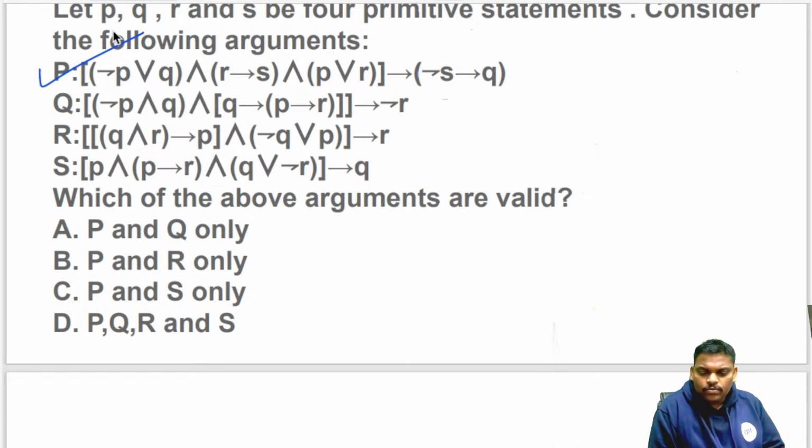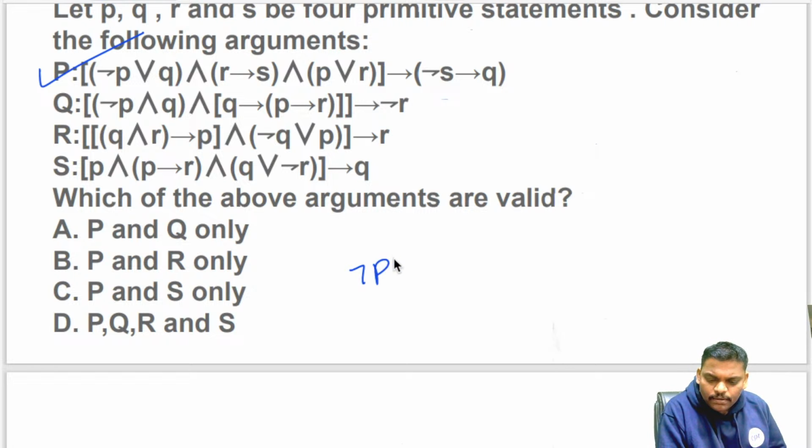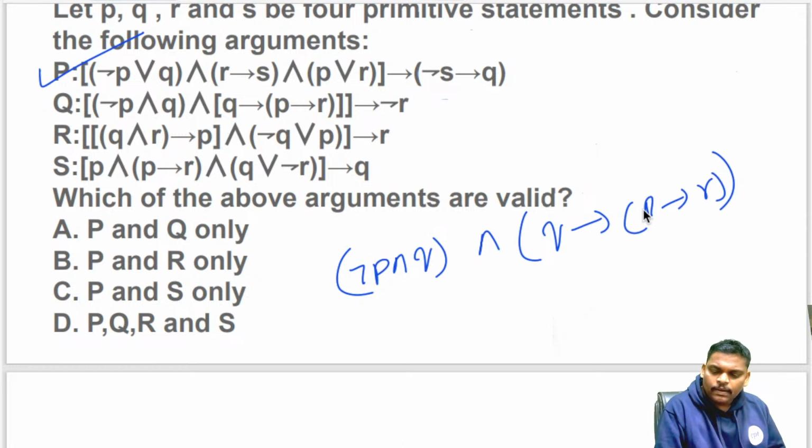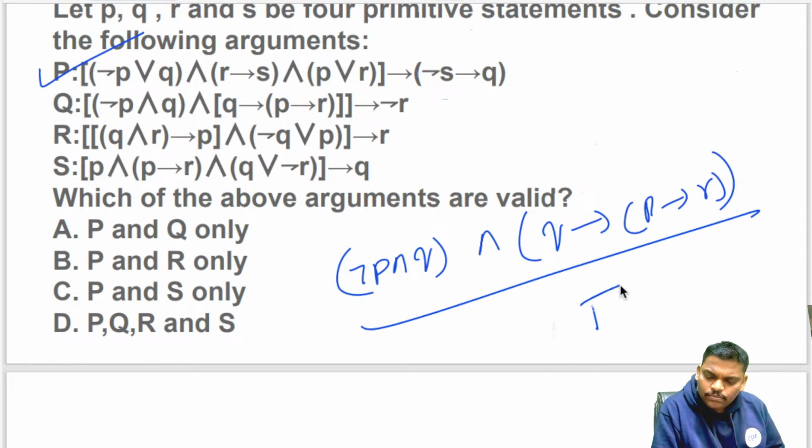Now go to the Q. I think because of your AND operation, it may be going to be easy. Let's check. Negation P and Q, Q implies P implies R. So this is true.